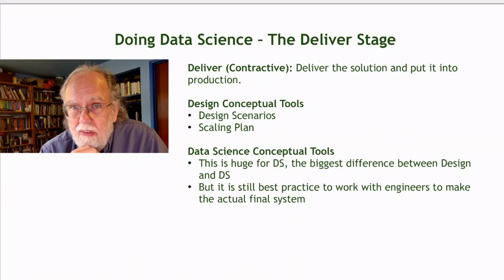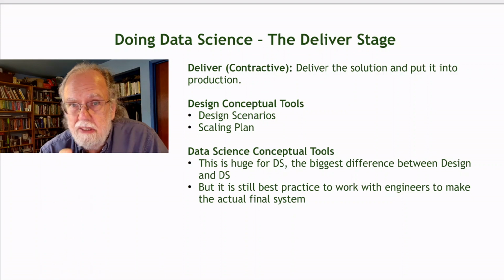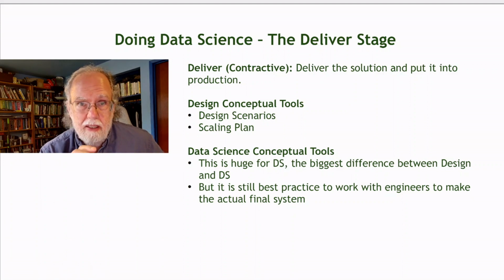In data science, I think we tend to be more involved in the delivery stage than in the design fields, but still, it is best practice to, at this point, bring in software developers and data engineers to bring in their expertise for making our code go really, really well. But we have to be able to develop code that can be made fast. This is what we do in the prototyping, is make sure it's going to work in production.